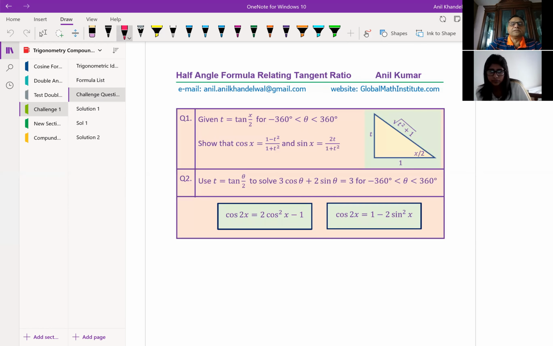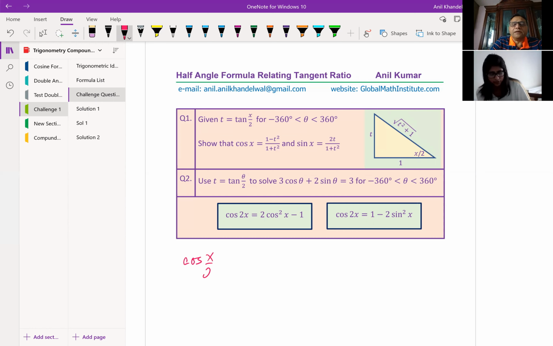The question says that we are given that t is tan x by 2. You have to find what is cos x. So first, we could find what cos x by 2 is, because we know tan x by 2, correct? So the first step is to find cos x by 2.